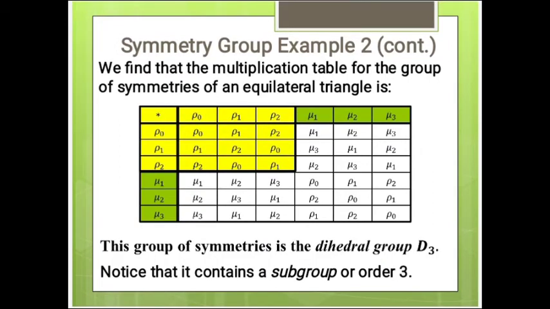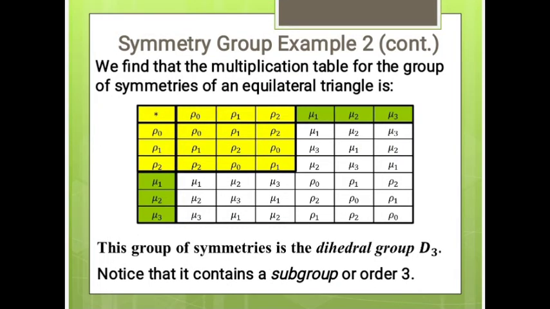Using those figures, we find that the multiplication table for the group of symmetries of an equilateral triangle looks like this. This group of symmetries is called the dihedral group, denoted D sub 3. Notice that it contains a subgroup of order 3.